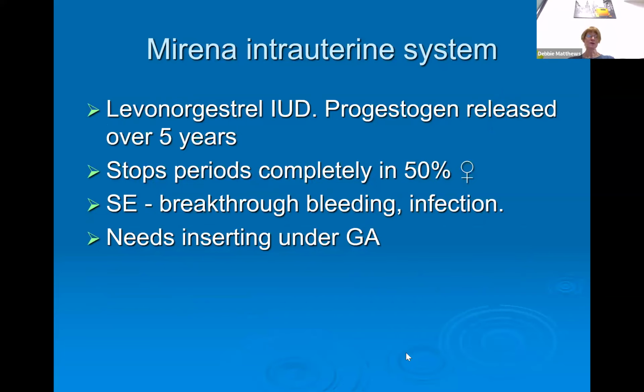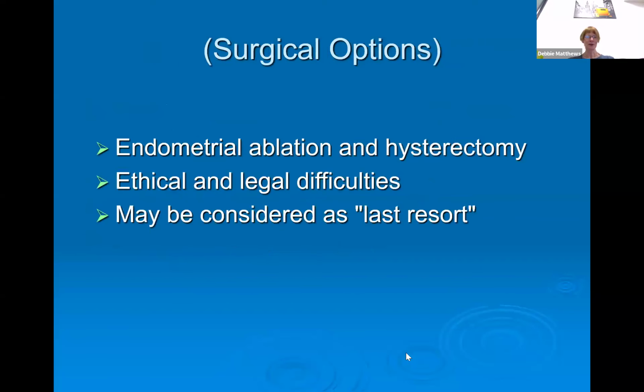In this group, they would need inserting under a general anaesthetic, and we have to remember that those with moderate to severe cerebral palsy will be at an increased general anaesthetic risk. So although this works very well once it's in situ, it is much more difficult to put in place.